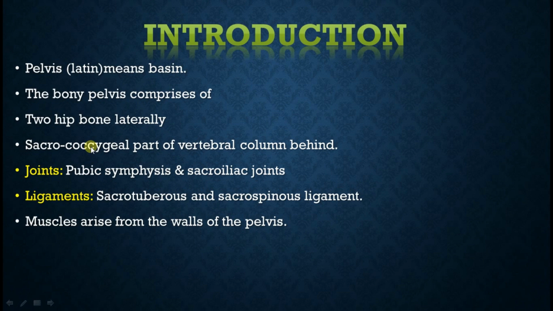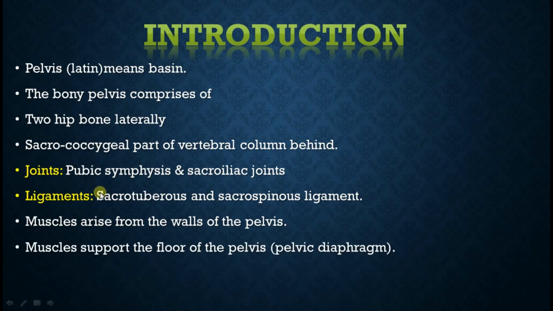Some of the muscles of the lower limb also take origin from the bony pelvis, and these muscles are covered by a fascia called the endopelvic fascia.